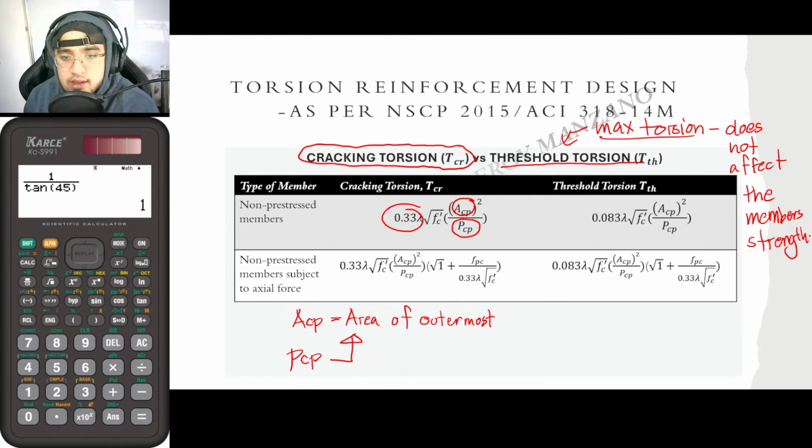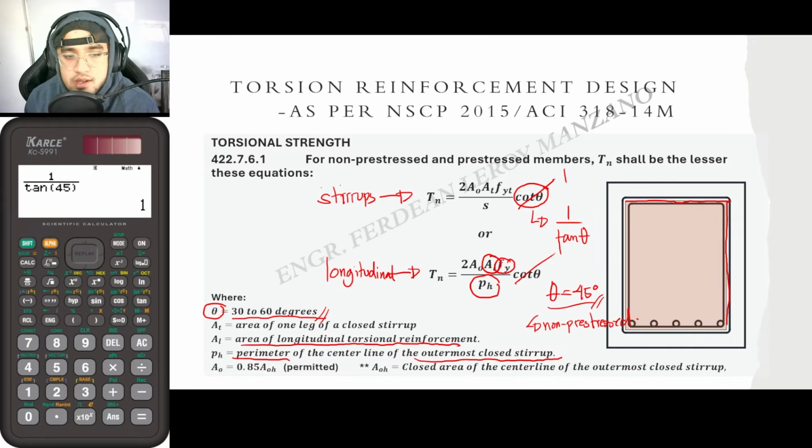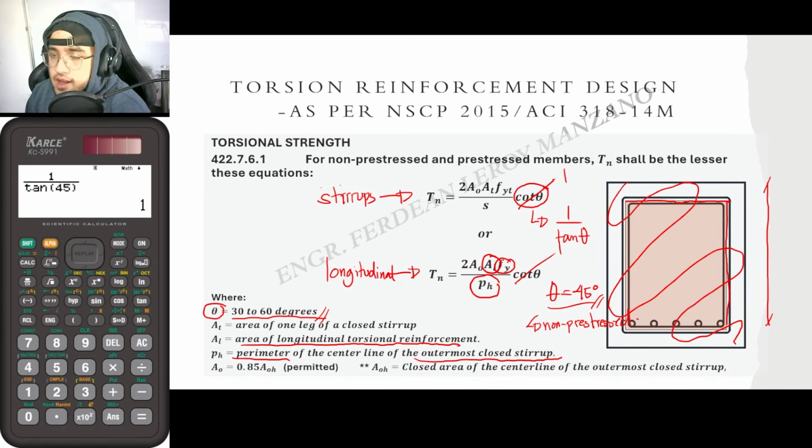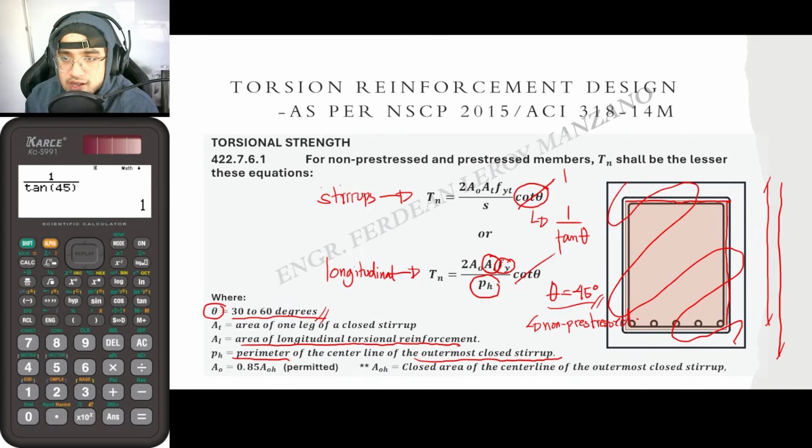So for example, we have this figure here once again. When we are solving for ACP, not AOH, we are solving for the entire area. Take note, the entire area, not just the effective depth, but the total area itself. Meaning we get the total depth, not just the effective depth.